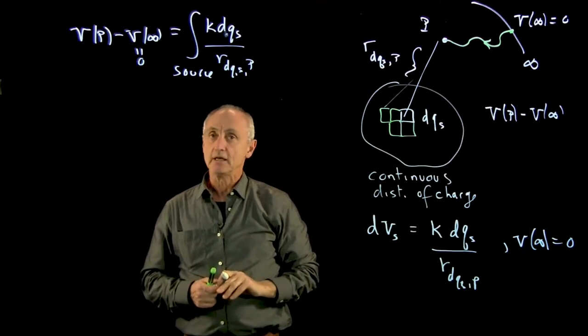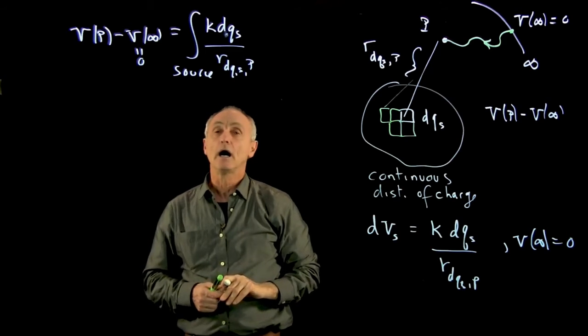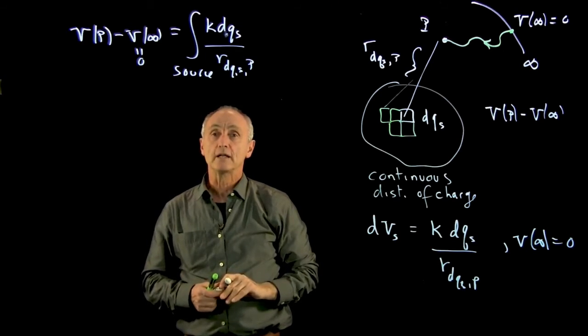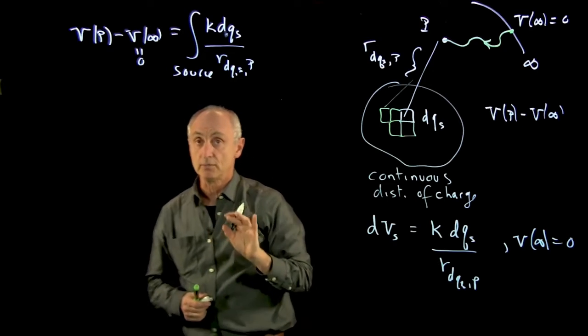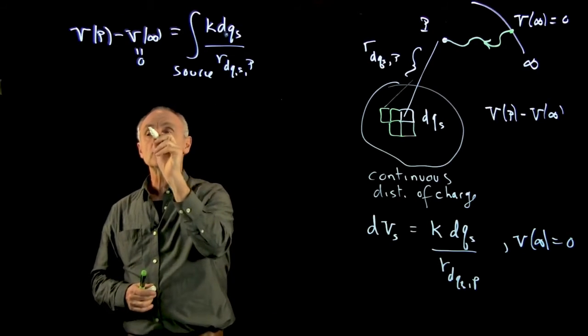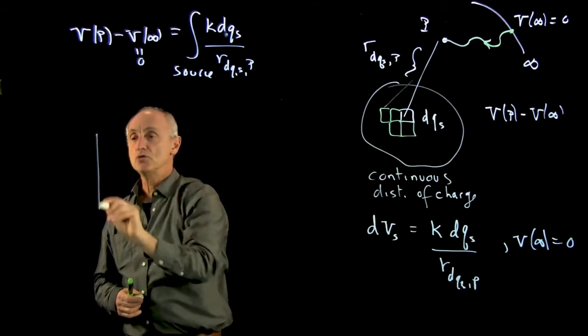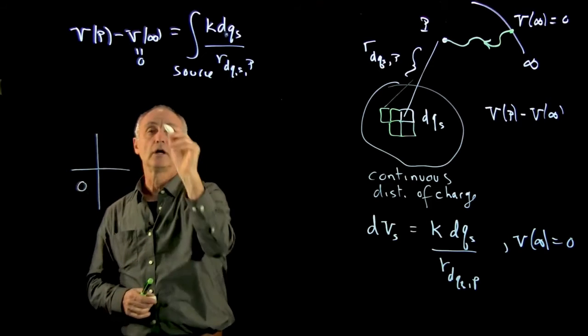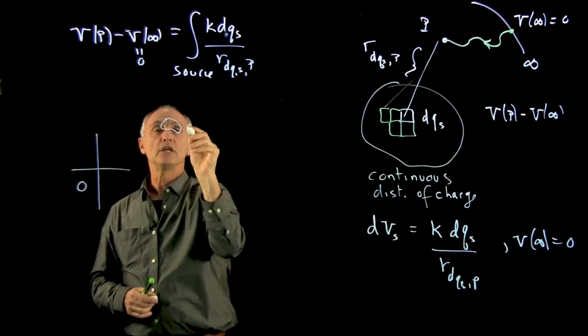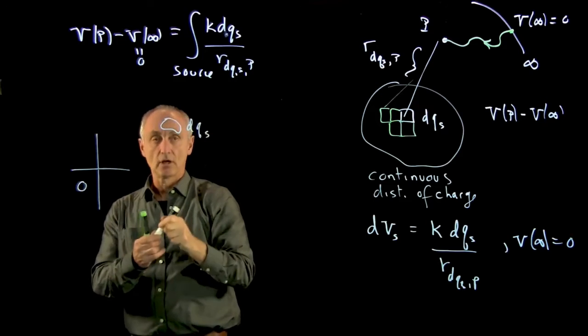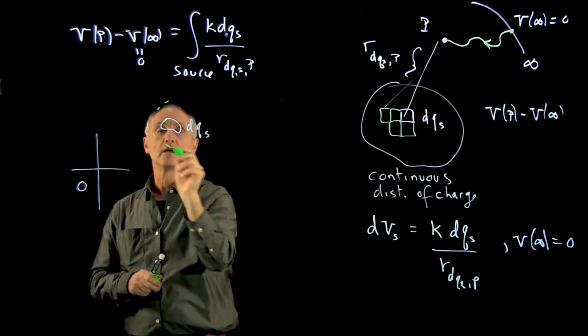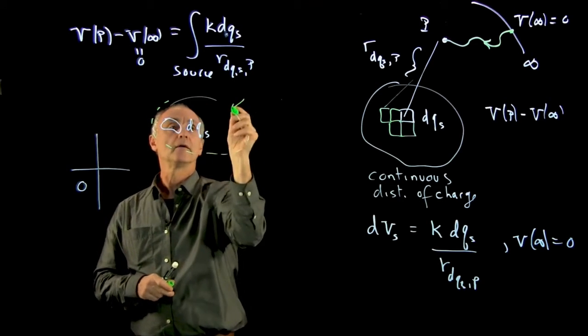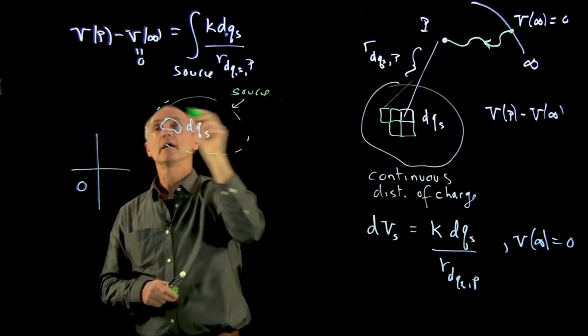It's a little bit tricky to figure out how to do that, but we'll now look at this in a particular coordinate system to help us. So let's choose an arbitrary origin here. Let's write our little dq element here. Our source can be complicated. This is the source.